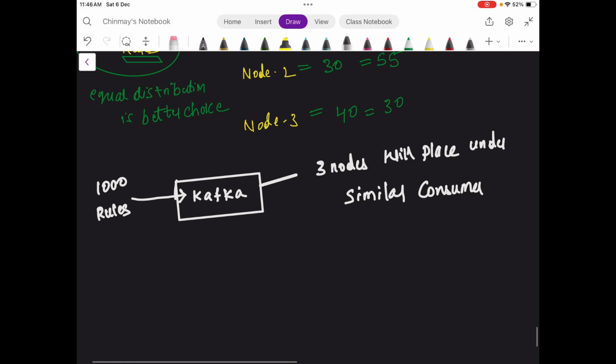If we place the 3 nodes in the similar consumer group and place 1,000 rules in one Kafka topic, automatically the messages we placed in the Kafka topic will be distributed equally between the nodes present under one consumer group. That is a property of Kafka, right?